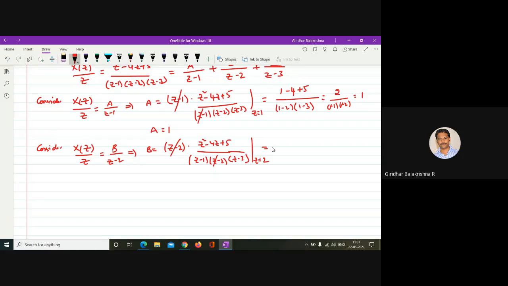Substitute and tell me the value of B. What is the value of B? Minus 1.